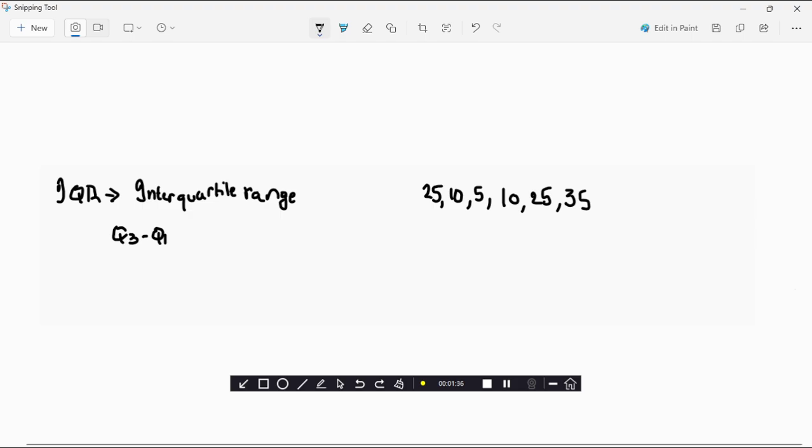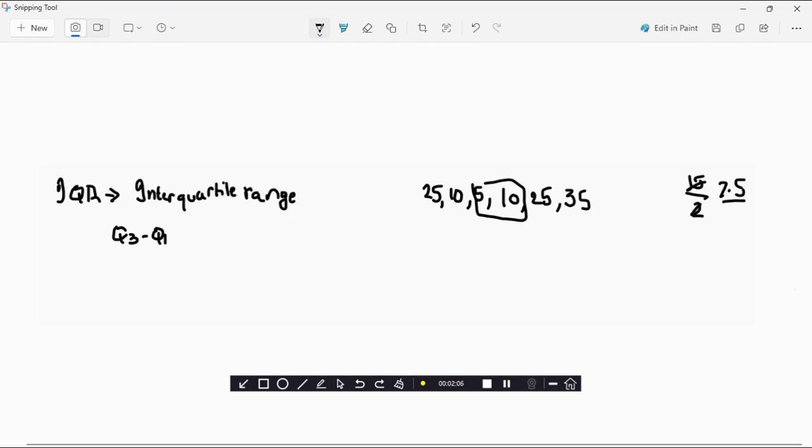So let's say 35 over here. We know our median will be 5 plus 10 divided by 2, so this will be 15 divided by 2, which comes around 7.5. Now our first quartile. Notice we have two numbers over here, 25 and 10.